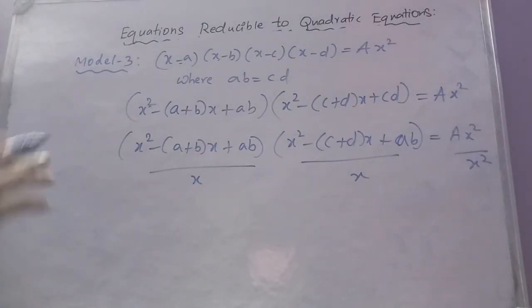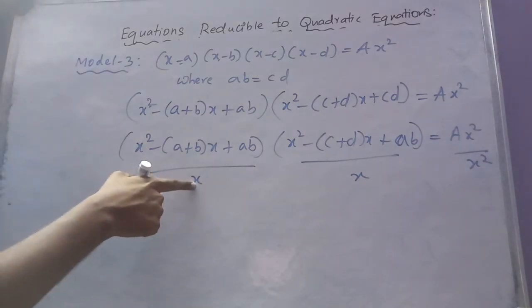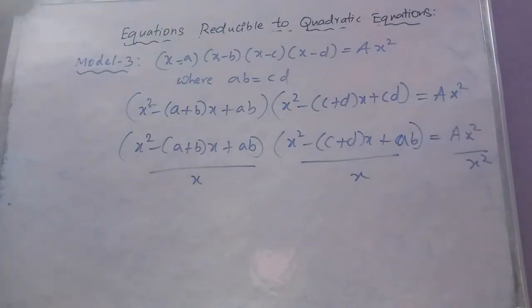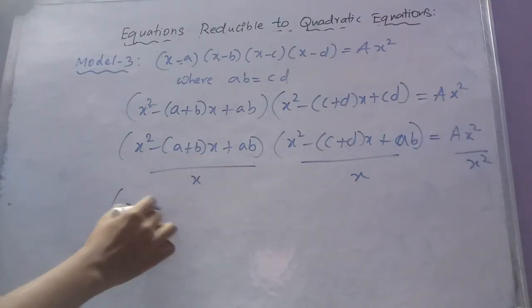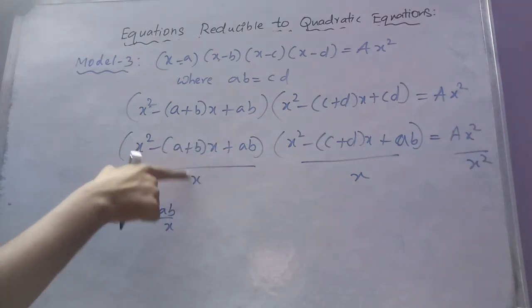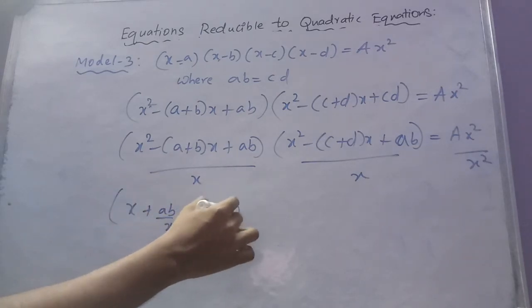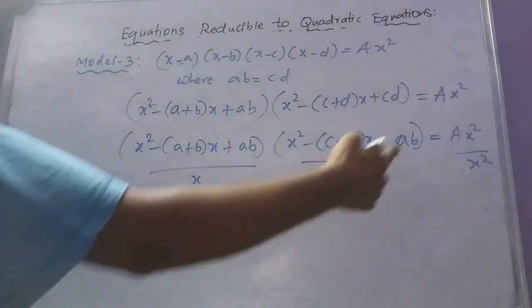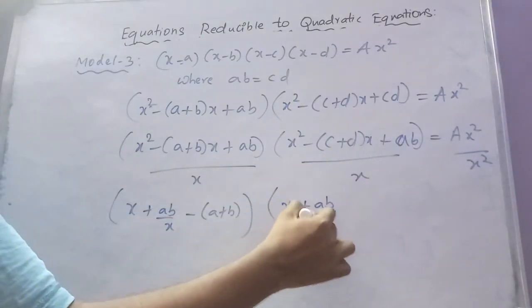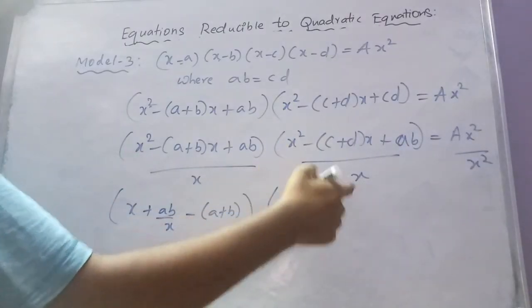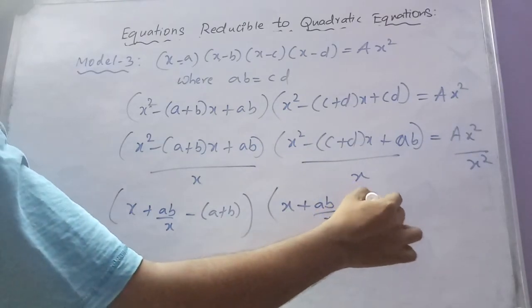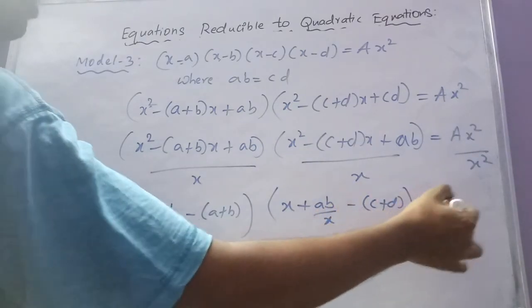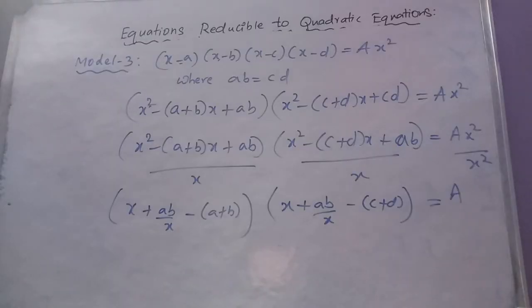So if you divide with x square on both sides, x is a common denominator for all the three terms. So x square by x is x plus ab by x, and then you'll get minus of a plus b. Into here also x square by x is x only plus ab by x, minus of c plus d, equal to just A in the right side.